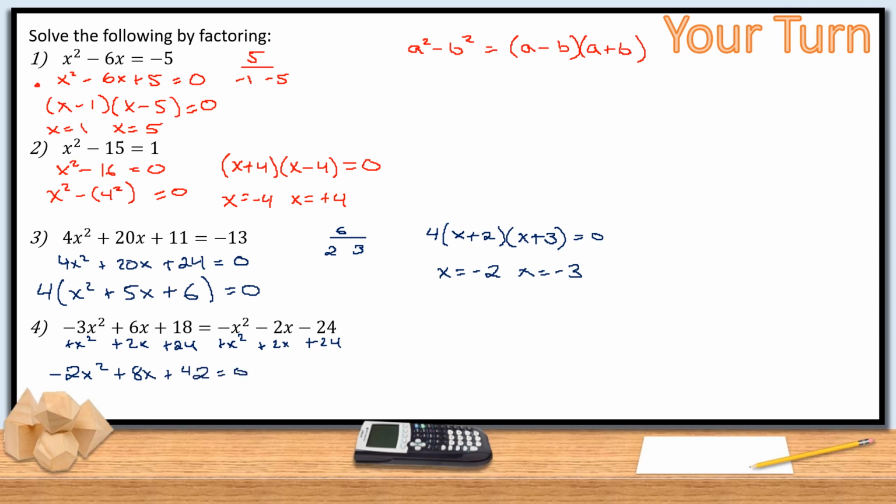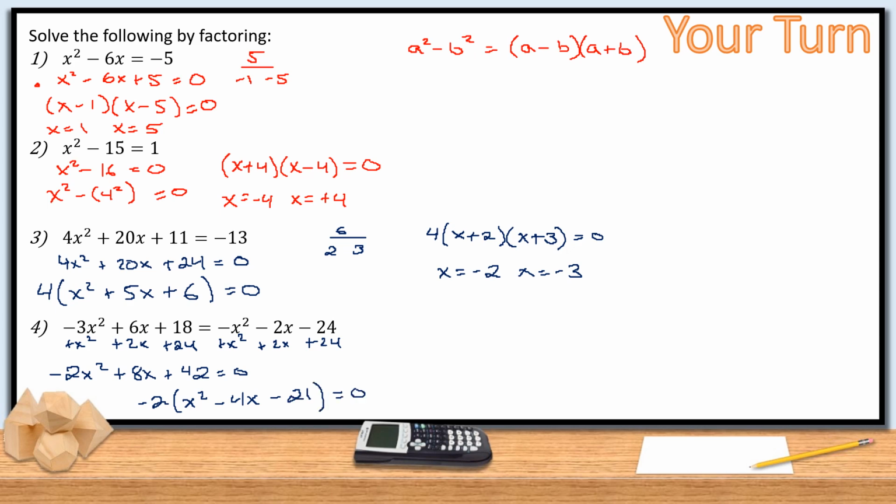I have an a value of minus 2. I'm going to take the minus out as well. It just makes life a little bit easier when you don't have to worry about negative x's and you're trying to factor. So minus 2, and then we got x squared. If I take minus 2 out of 8, I'm going to be left with minus 4. And then minus 2 out of 42, I'm going to be left with minus 21 equals 0.